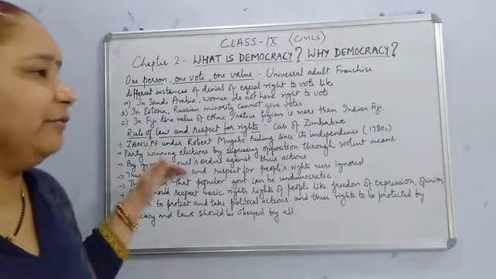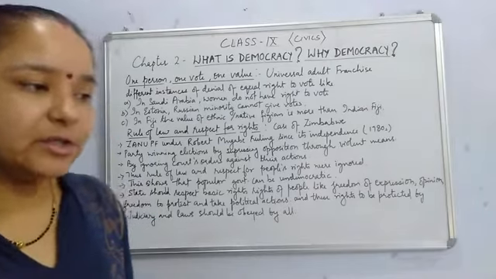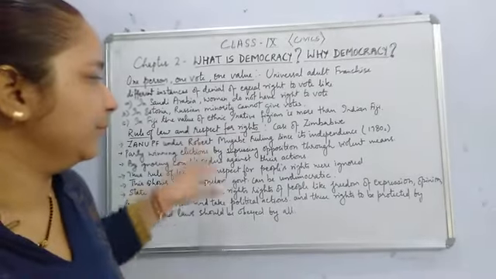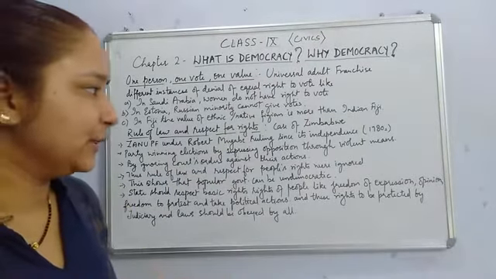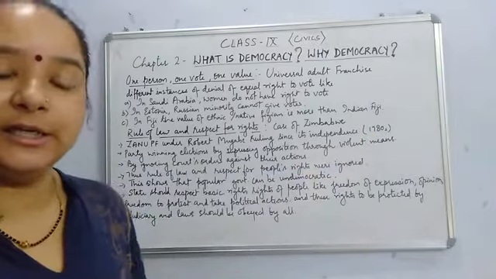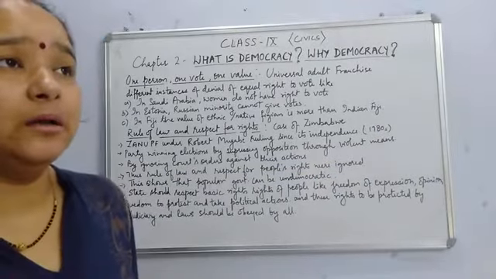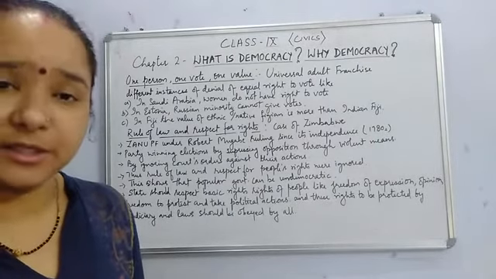This party has been winning elections since the independence of Zimbabwe, and Robert Mugabe has been ruling the nation since the 1980s, since its independence. Now this party won elections by using many methods.